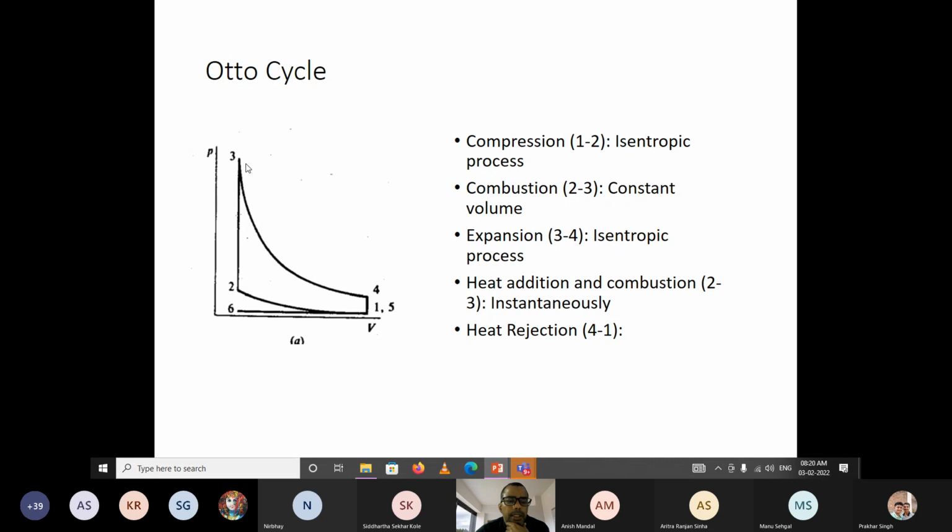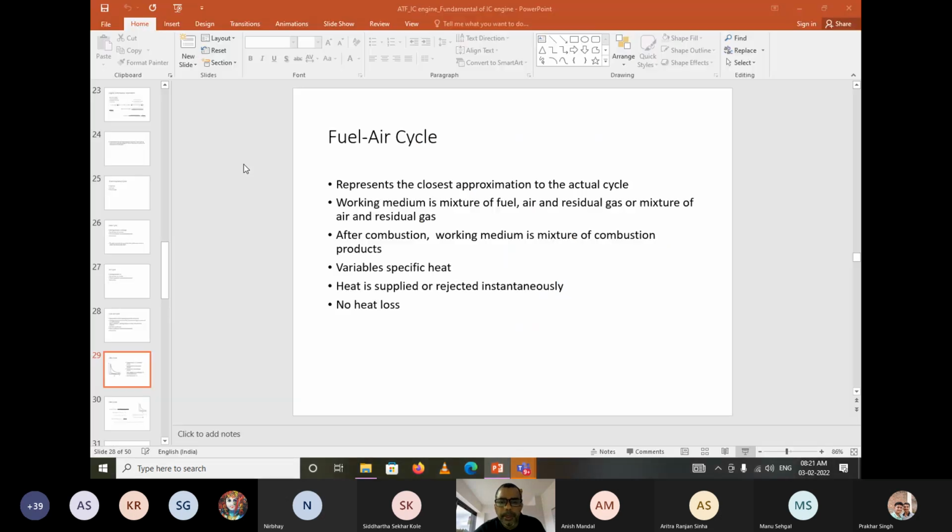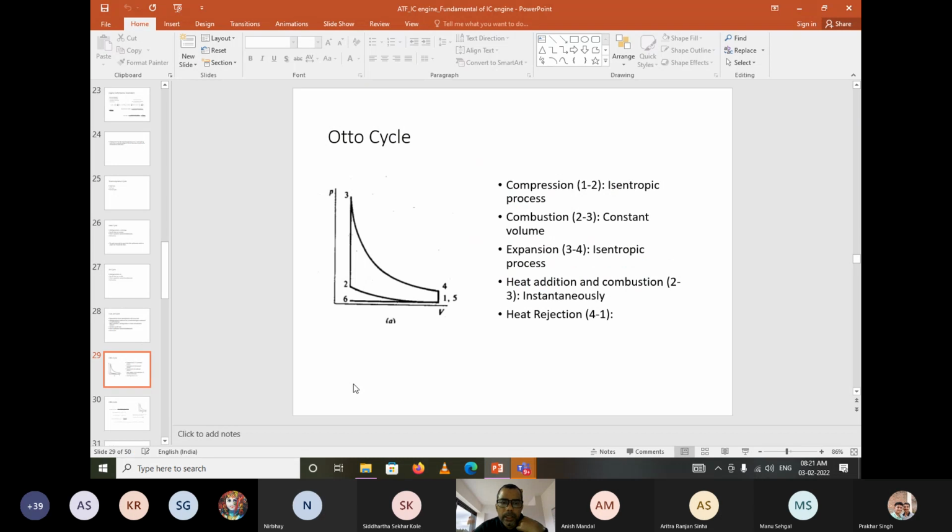Or let me ask in another way. Right now, you are seeing the PV diagram of the Otto cycle, where the y-axis is representing the pressure variation inside the combustion chamber and the x-axis is representing the volume.